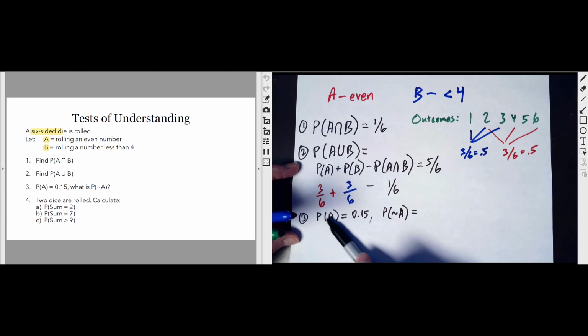Well, if the probability that A has occurred is 0.15, then the complement of A is the probability of anything other than A occurring.